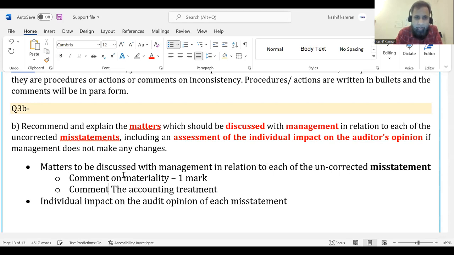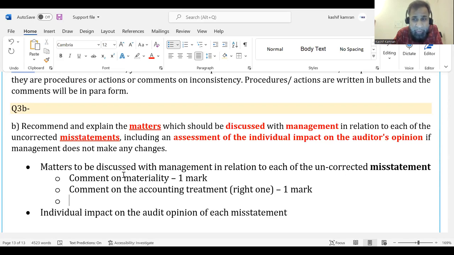Comment on the accounting treatment, and you fetch 1 mark for commenting on the accounting treatment. Then because it's a misstatement, that means the management has done the wrong accounting treatment. So you are telling management the right accounting treatment, because for sure management has done the wrong treatment because it's a misstatement.